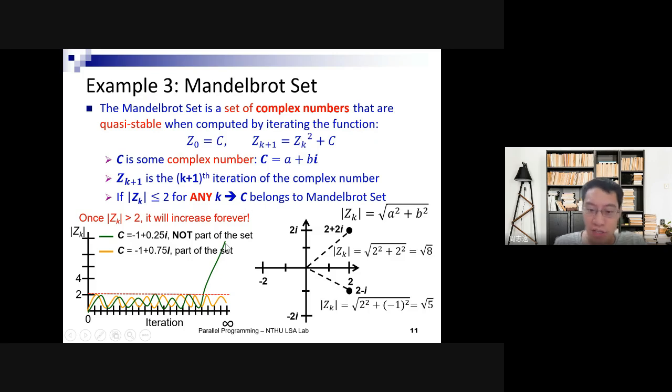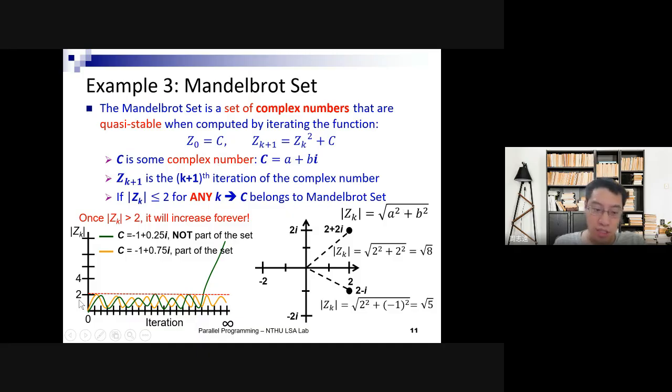It will never come back. On the other hand, for some values, no matter how many iterations you compute, the distance to the origin will always be within 2. The complex numbers that will always be within 2 are the complex numbers that belong to the Mandelbrot set.